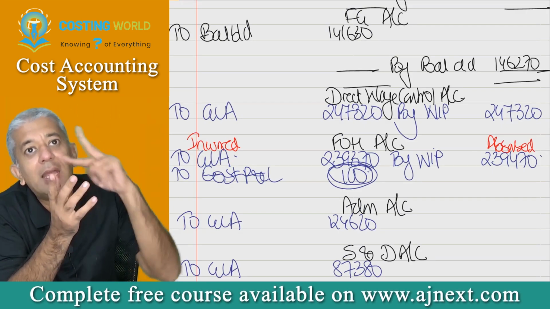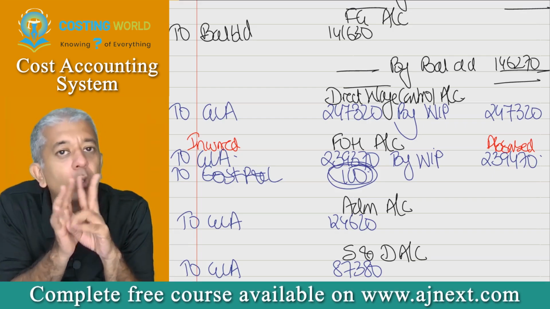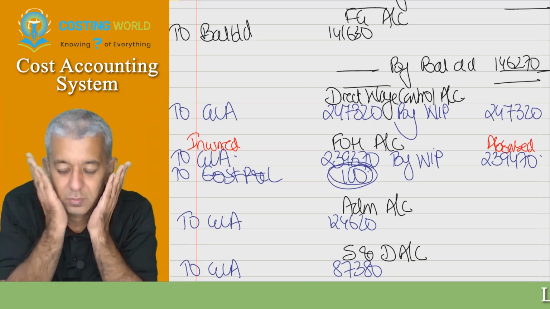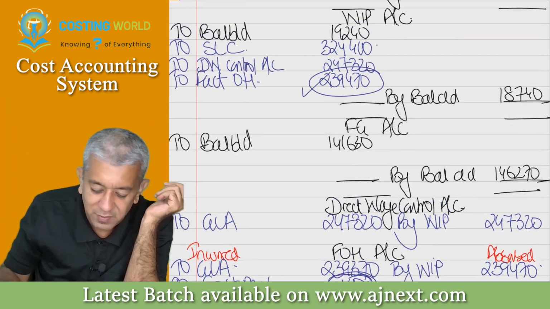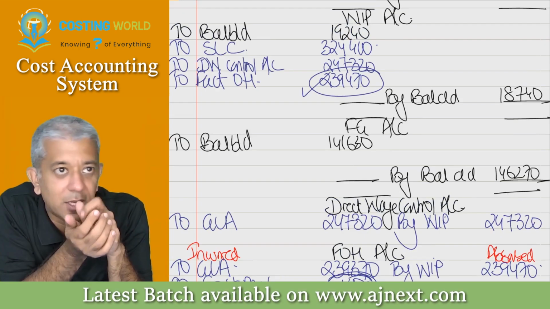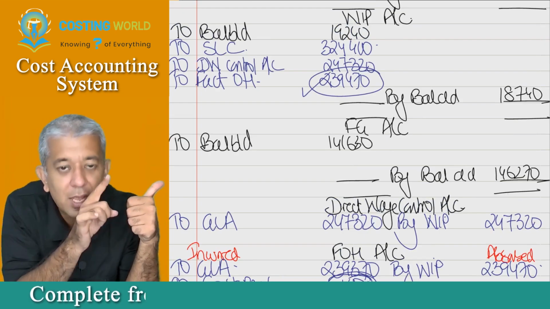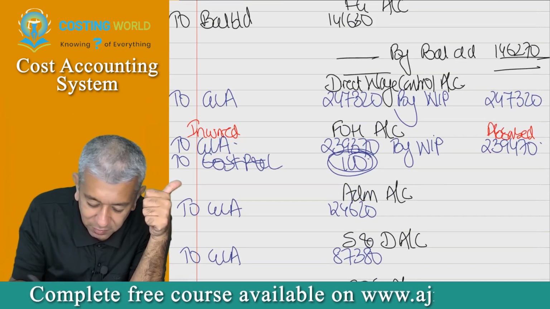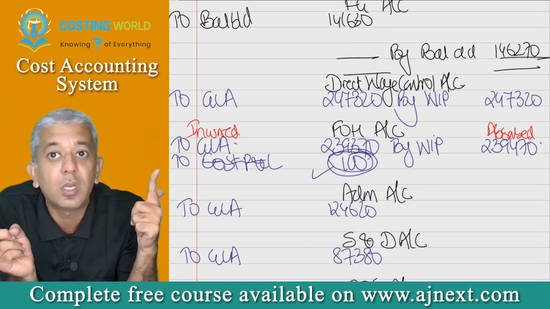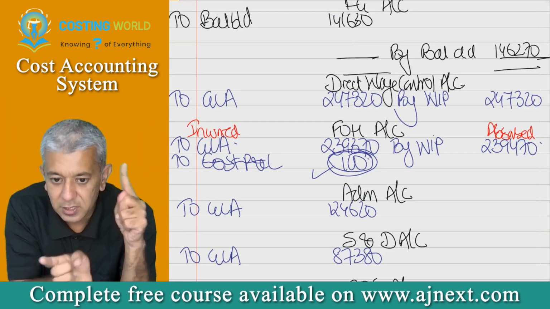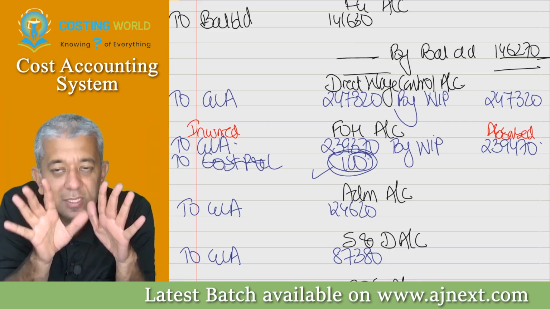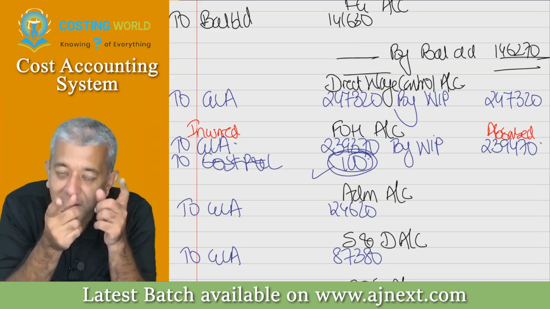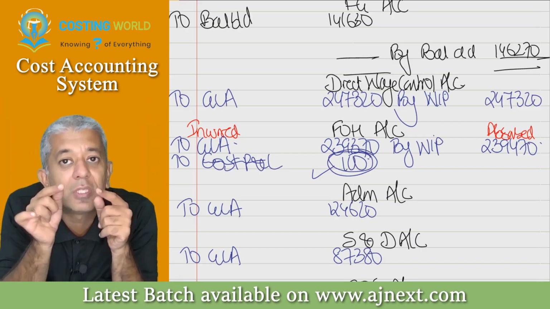If I take the net effect of these two, it comes to 239,370. 239,470 has gone on the debit side in the WIP account, and then 100 rupees from here gets transferred to the costing P&L account credit side. Combined, the net amount becomes 239,370. In financial accounts, in any case, it is 239,370.